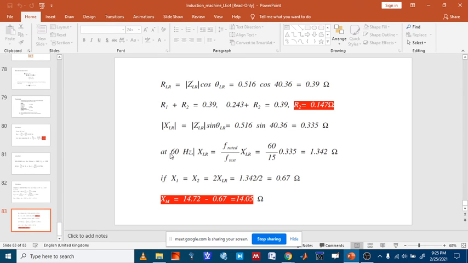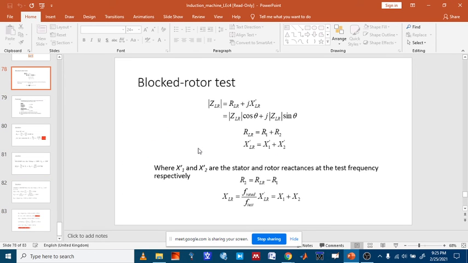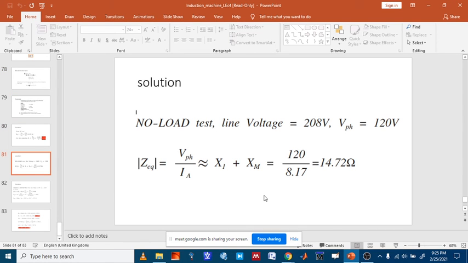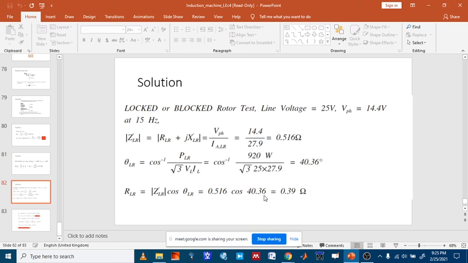But the test frequency was 15 Hz. Therefore, you calculate XLR using this relation: rated frequency over the test frequency times X prime LR. When you know X prime LR, the rated frequency and the test frequency, you can calculate XLR.